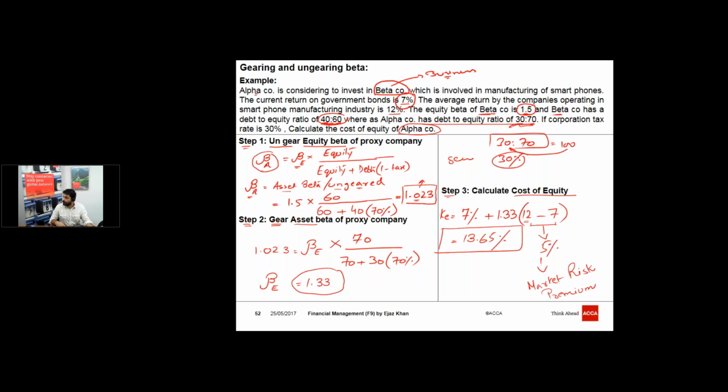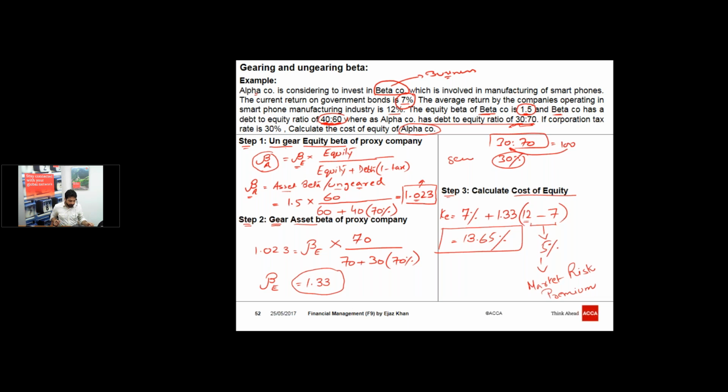Okay, let's move forward. Before we can use equity beta, we have to make sure that we have the equity beta of the investing company and not any other company. So if we have been given the equity beta of another company which has the same business risk as the investing company, we will ungear the equity beta of that company, calculate the ungeared beta, and then again incorporate the financial risk of the investing company and calculate the geared beta.